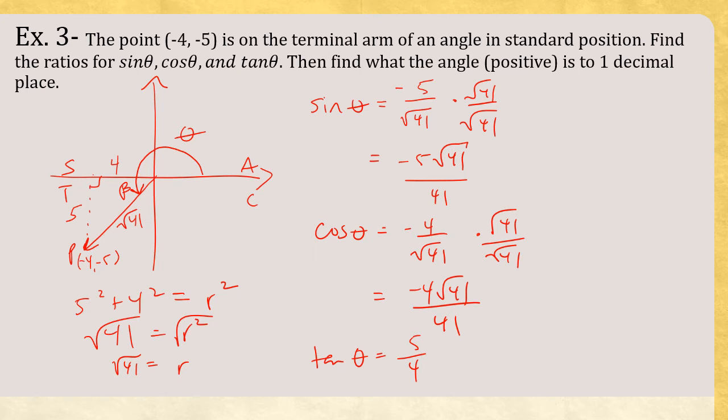Okay, now we need to find what the angle is to 1 decimal place. We only want the positive version. So we've done this once before with everything in the positive quadrant, and we could have picked any one of them. Let's see what happens. I'm going to use a different color here. Let's see what happens when we start at the top here. So we know theta equals sine inverse of negative 5, oops, not negative 51.